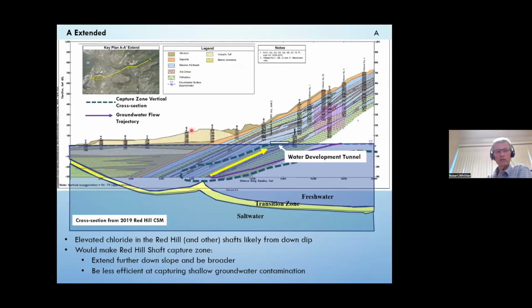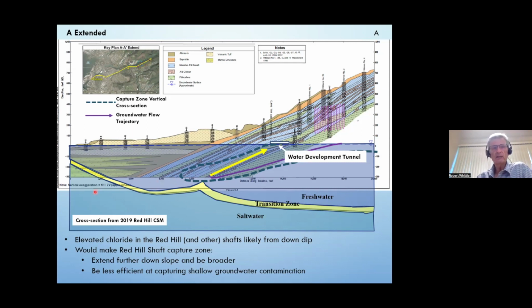One possibility is that we have layering of our lava flows. The different sequences or types of lava in those flows have very contrasting hydraulic properties.